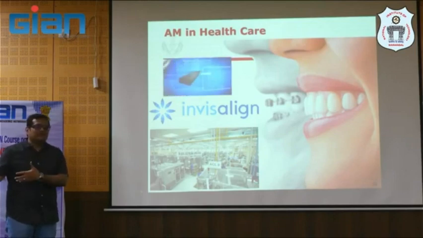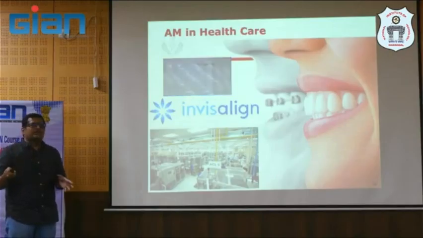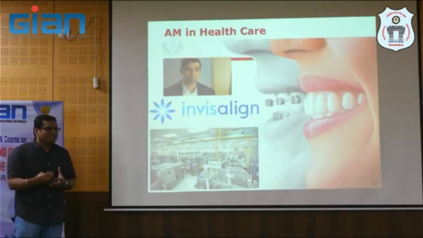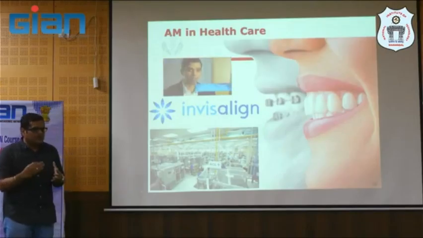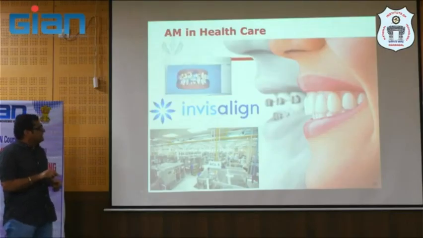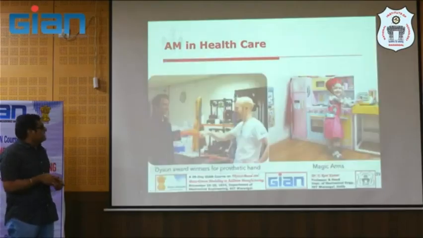Maybe at the next sitting, after four or five weeks, they will come again. You fix an appointment, and you need not even go to the dentist. Try to see the supply chain or the logistics involved here. It's very simplified. And hardly can you notice whether he or she wears a teeth aligner. So you can see several cases like this.